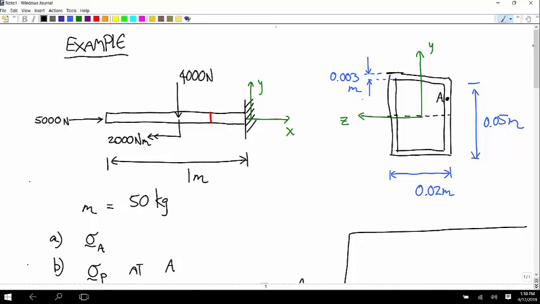Once we figure out which of those are non-zero, we'll think about whether we have techniques that are going to work for the internal loads that we have, because remember, there are pretty strict restrictions on what the cross-section dimensions can be. And then we'll go from there.